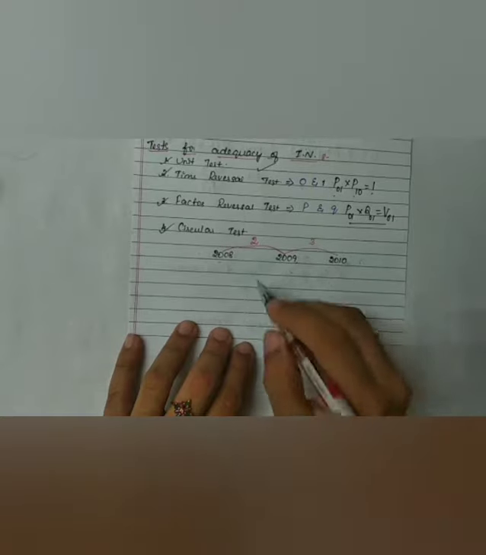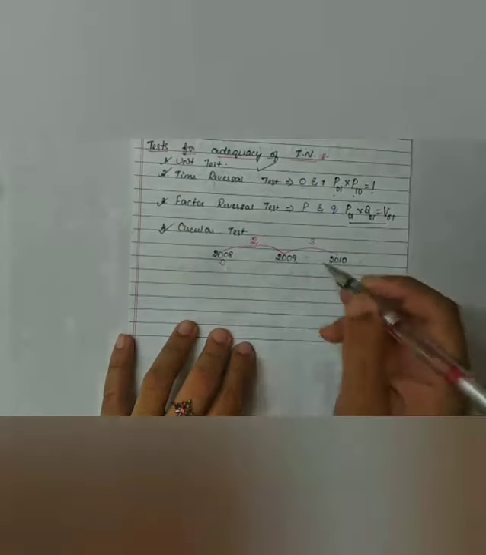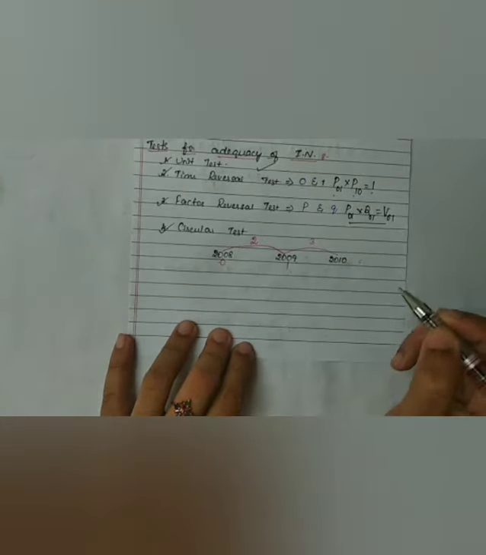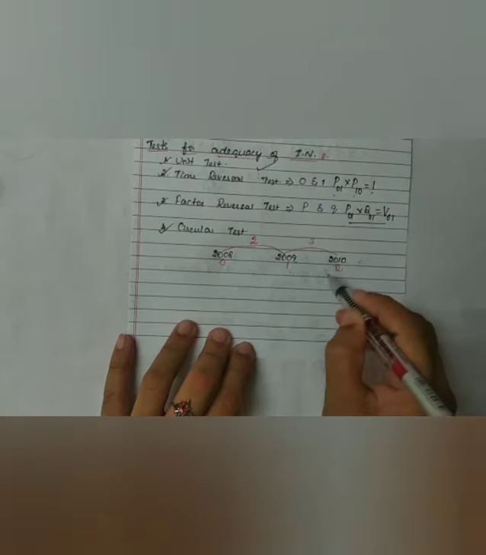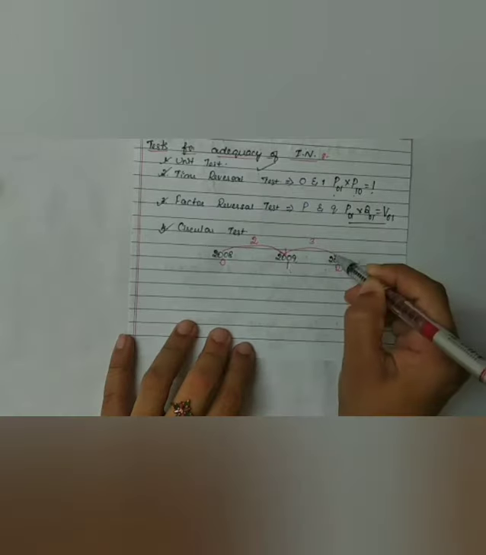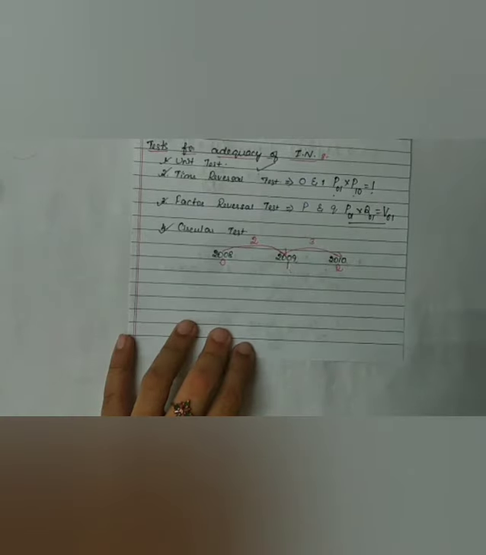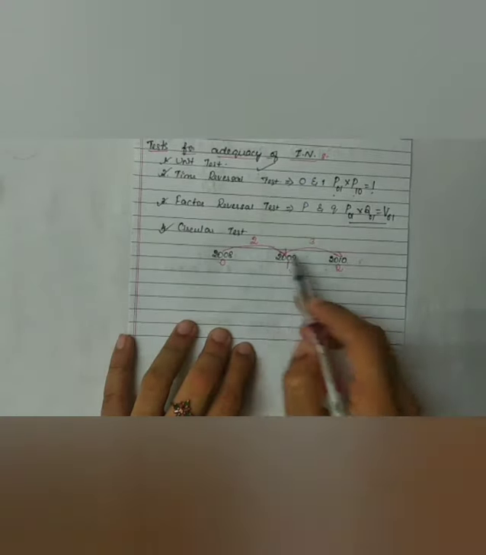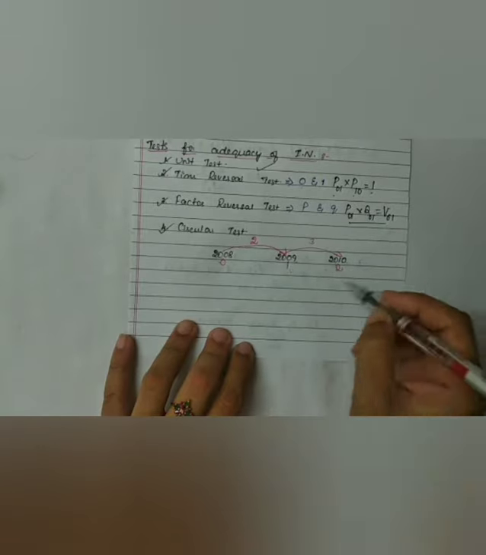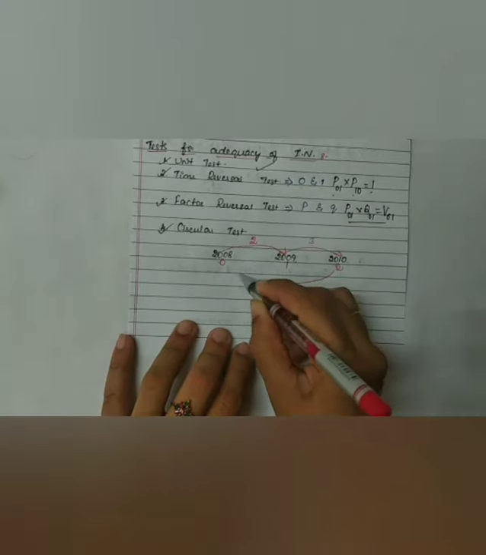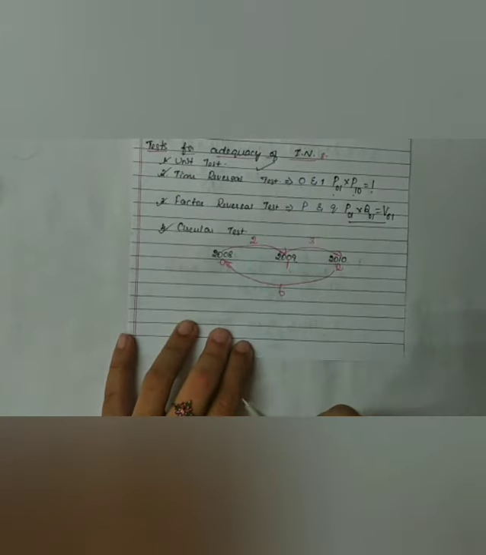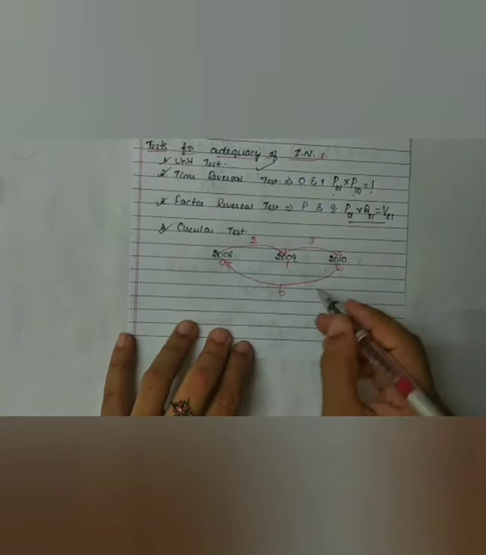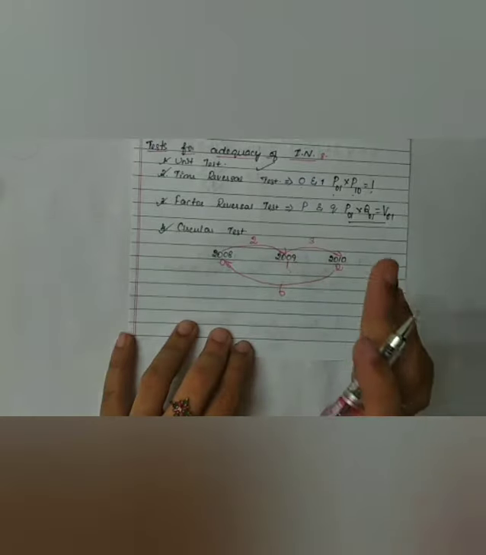Okay, so this is base year, and this is first current year, and this is second current year, isn't it? So look at the arrow marks, from 2008 to 9 it is 2, from 2009 to 10 it is 3. Now from 2010 to 8, if you go here, it is increased by 6 times, isn't it? So this is what is circular test.